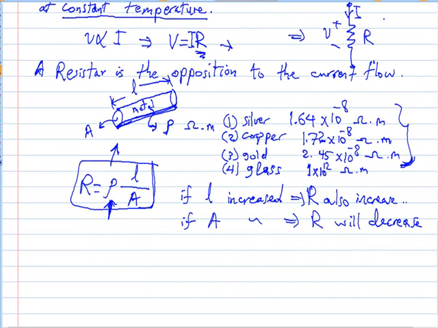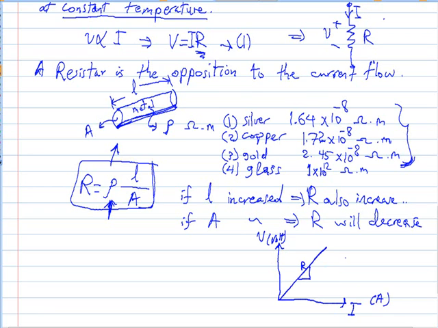This equation, let's say it is equation 1, can be graphed in this manner. If this is the current in ampere, and this is the voltage in volt, there will be a linear relationship between the two of them, and this will be the resistance.